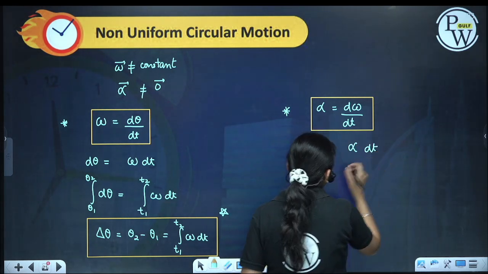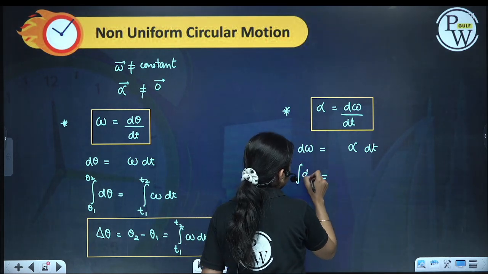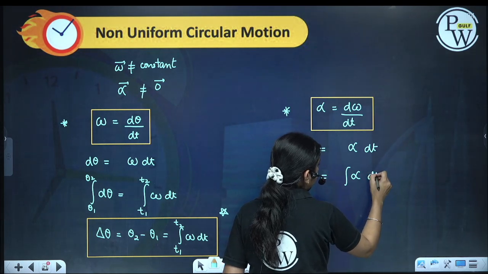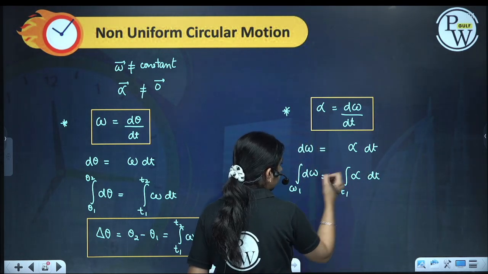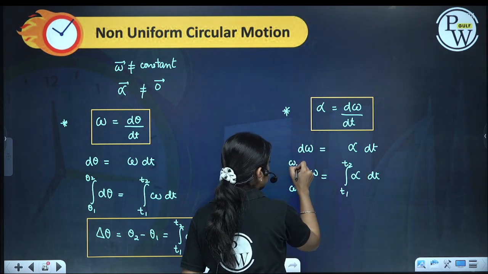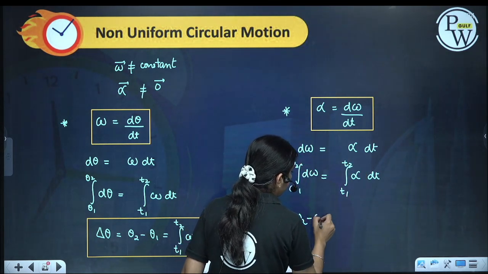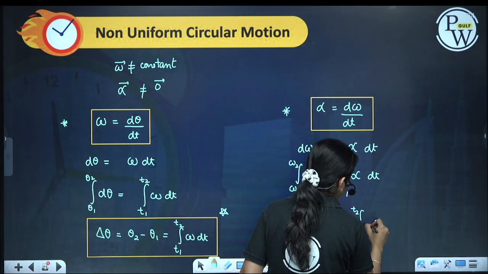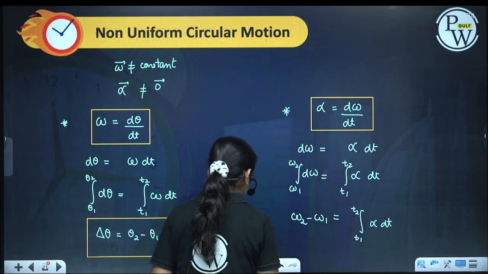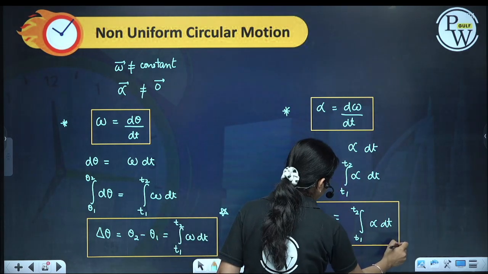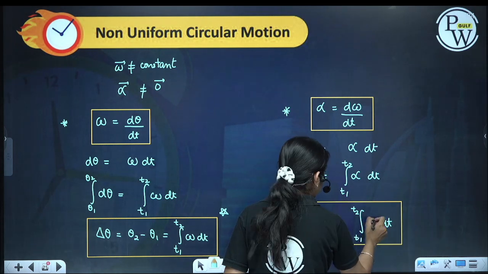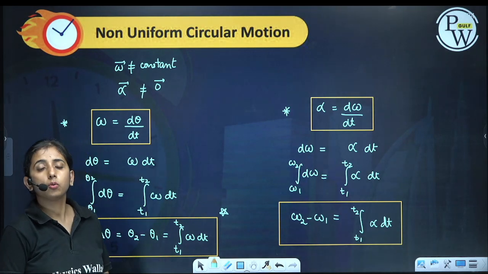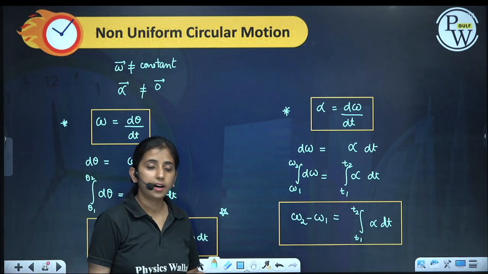If at time t1 omega is omega 1, and at time t2 omega is omega 2, then omega 2 minus omega 1 will be the integration from t1 to t2 of alpha dt. So this will give us the change in angular velocity.